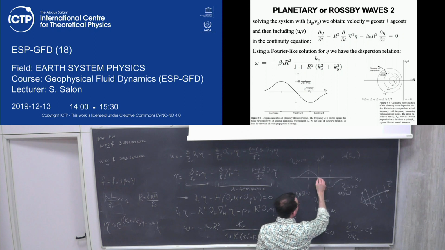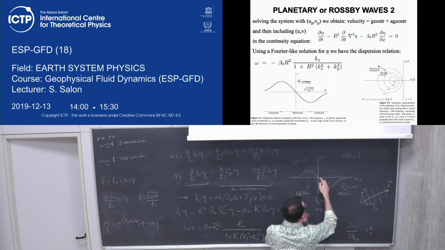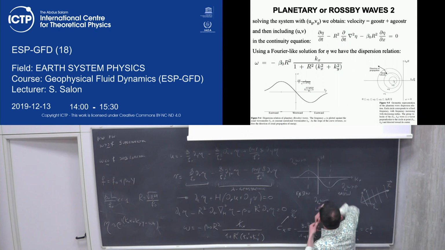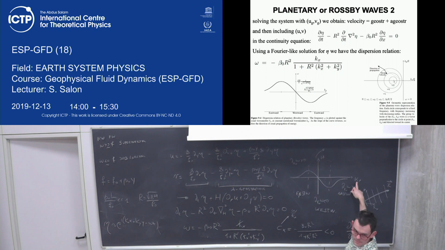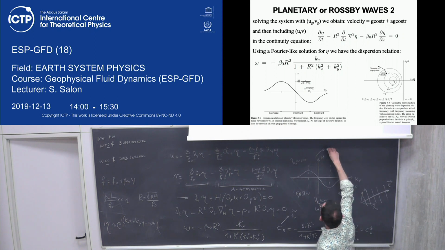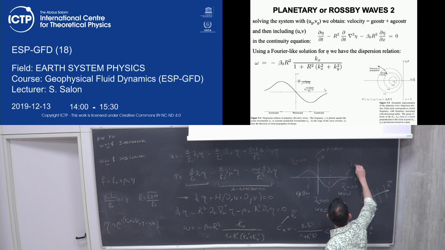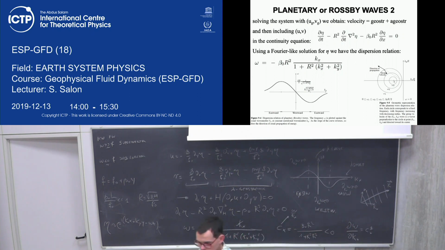So this part here can be relying on small wave number. When there is small wave number, I can say that I have large wavelength. On the opposite, high wave number is short wavelength.